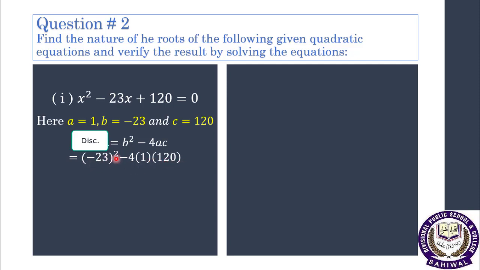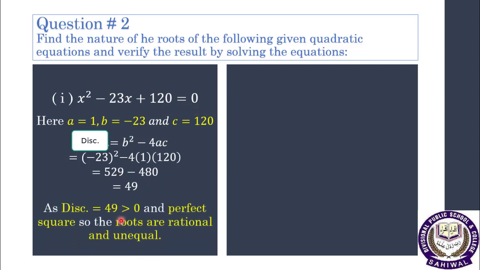Minus 23 square is equal to 529 minus 480, which is equal to 49. Since this is a positive number, that is, the discriminant is greater than 0 and 49 is the perfect square of 7, so the roots of this given equation x square minus 23x plus 120 equal to 0 must be rational and unequal.